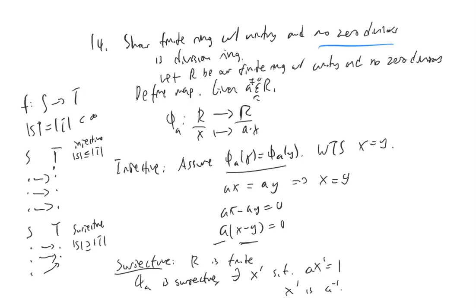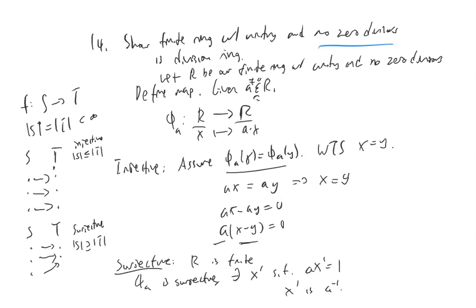That's sort of the idea. And A was arbitrary. So if you want to show another element A prime is invertible, you define the map phi A prime, and then do the same. Is everyone clear on this?